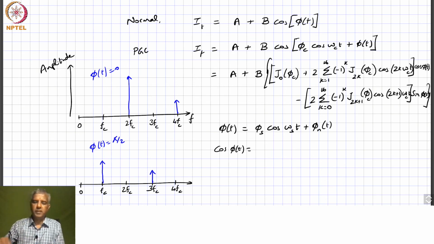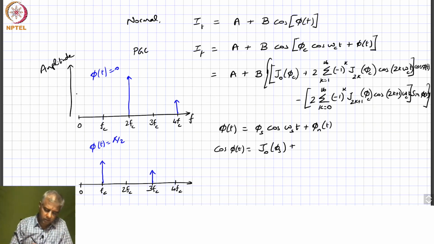So, the same thing we are going to do: cos phi of t is going to be J0, that is the Bessel function of order 0, of phi s. By the way, this J0 over here I should mention is corresponding to a term over there as well. So, that is actually a DC term that you get.